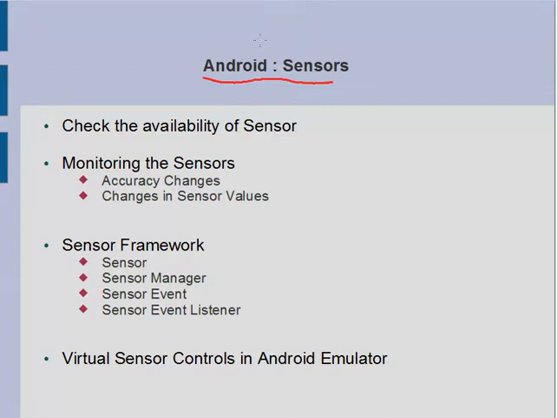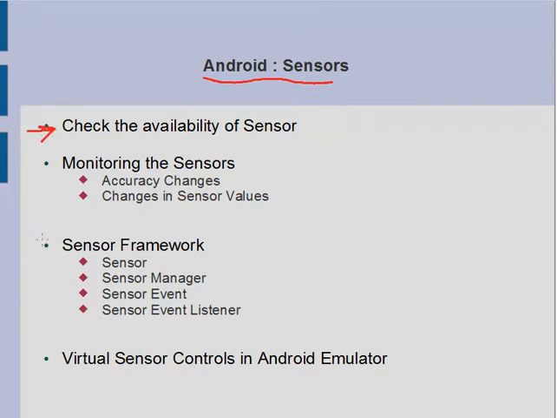So the first thing that we need to do while programming, or while doing certain implementations of any of these sensors that can be there on the mobile phone, is that first of all we find out if that particular sensor, whether temperature, pressure, gravity, acceleration, or linear acceleration, or orientation, or whatever, is actually available on the device or not. So first of all, we will check the availability of the particular kind of sensor on the device.